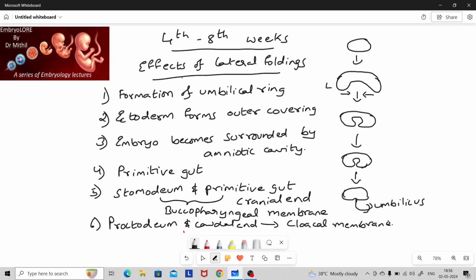So now let us have a picture of these ventral foldings once again in a clear view.